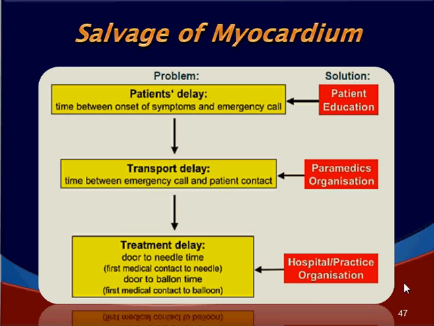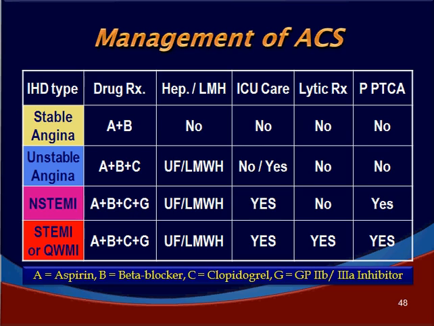So these are the problems: the patient problem, the transport problem, and of course the hospital protocols and hospital delays. One has to improve upon all these aspects to reduce the delay, increase the survival chances and use the golden hour. This table summarizes the management of acute coronary syndromes.